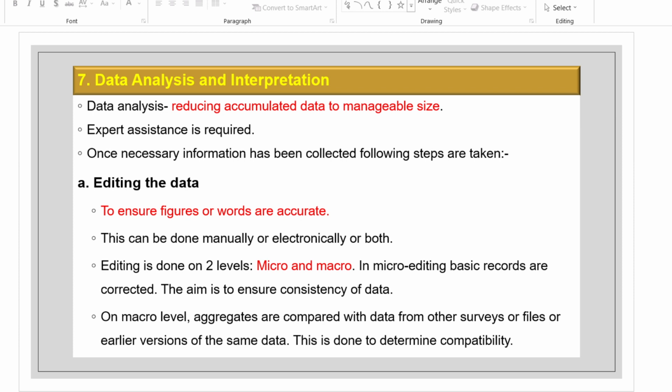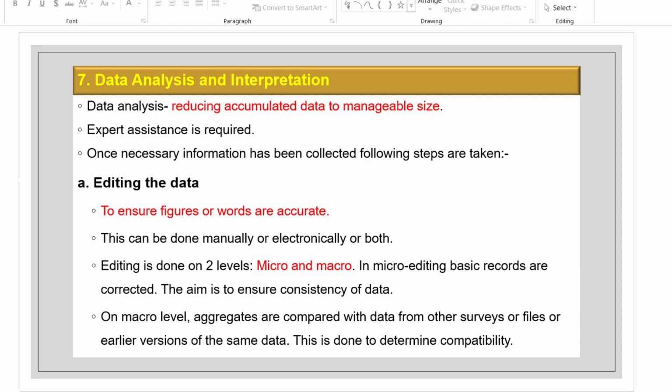This step includes many further steps, like editing the data. In editing the data, we ensure that figures or words are accurate. This can be done on two levels, micro and macro. At the micro level, we ensure the consistency of data, that the same words or same figures are used throughout the work.